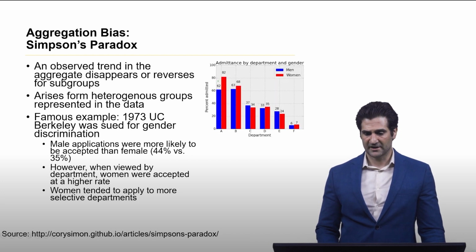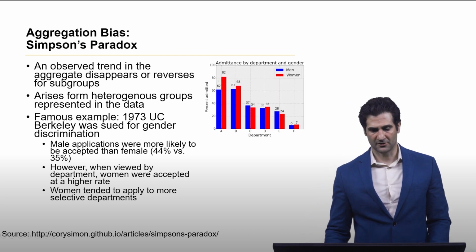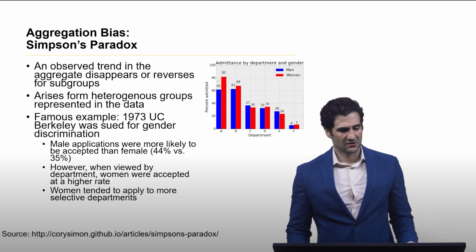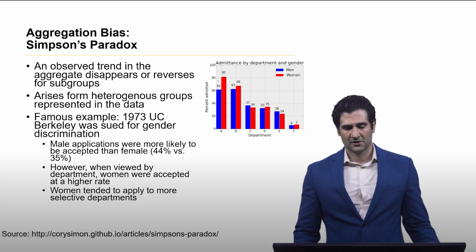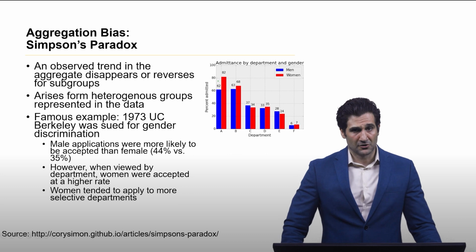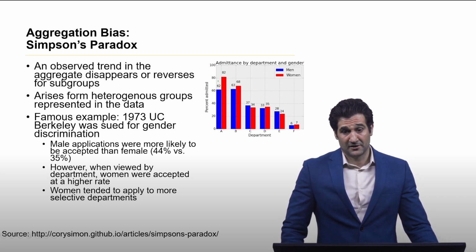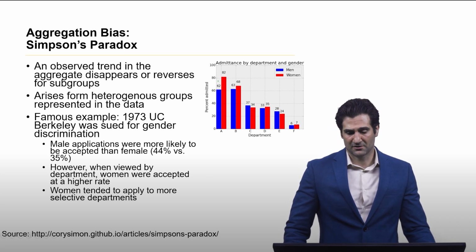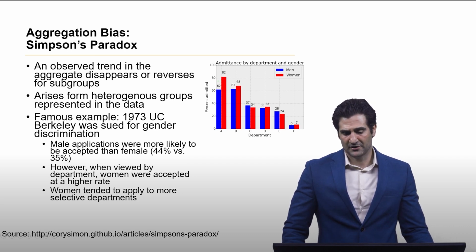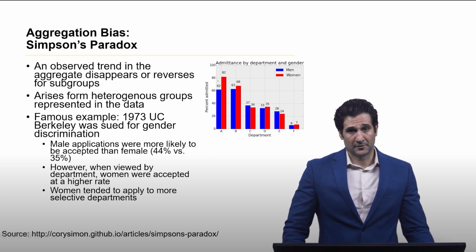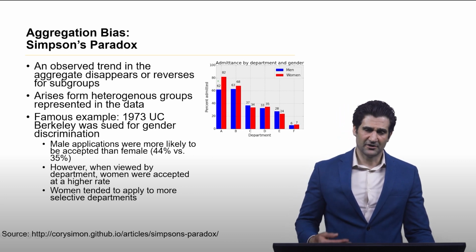But when you break it down by department, you see that women are, in most cases, being accepted at a higher level than men. You see 82 versus 62, 68 versus 63. In the departments where men are accepted at a higher rate than women, it's by only a couple percentage points. So this tells a much different story than the aggregate, and the question is, why does this occur?